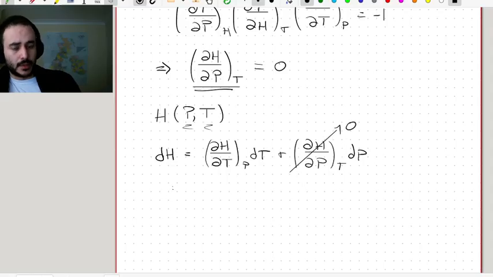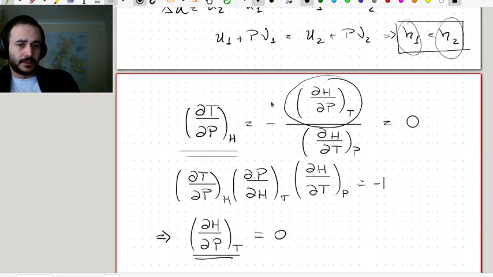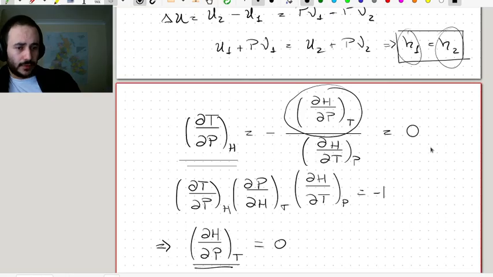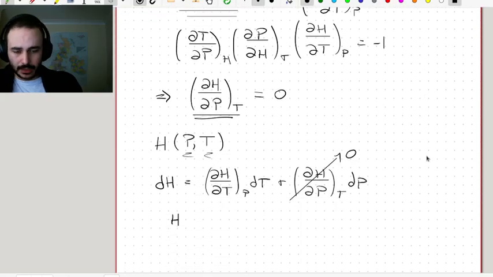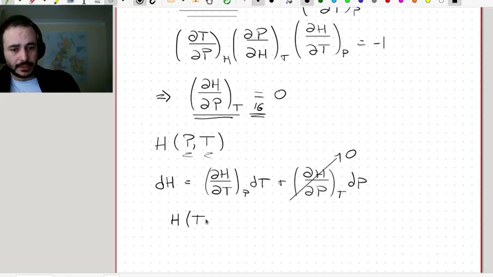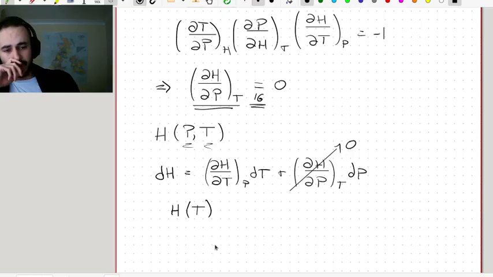Which means that for an ideal gas, and I emphasize this because I didn't emphasize it enough, this is what Joule found in his experiment, that he was working with an ideal gas. This is not true in general, and the whole of the next chapter is going to be devoted to the fact that this is not generally true, and you can actually exploit the fact that this is not equal to zero. But for an ideal gas, the enthalpy is exclusively a function of temperature.